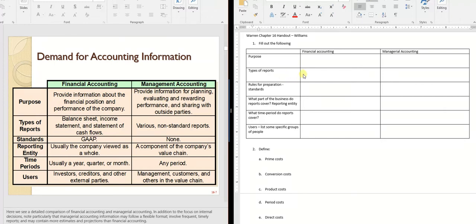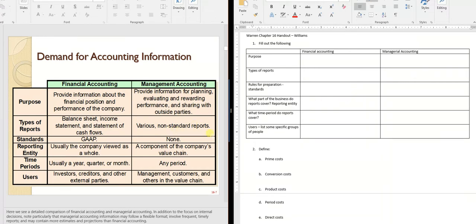The types of reports: since we're going to compare one firm to another in financial reporting, it is very standardized. You need a balance sheet, income statement, statement of cash flows, and statement of owner's equity. However, management reporting is whatever management wants. If you need a report that simply identifies how we did last week, that's what you're going to have in your report.